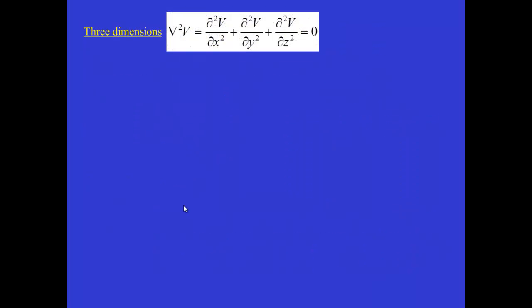And finally, we can extend this to the case of 3 dimensions, once again with our partial differential equation in x, y, and z. This one is even worse. We have very little hope of writing down a general solution to this, and so we're going to learn techniques for solving special cases.